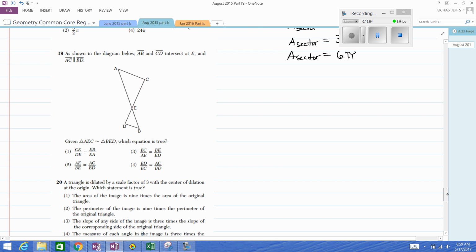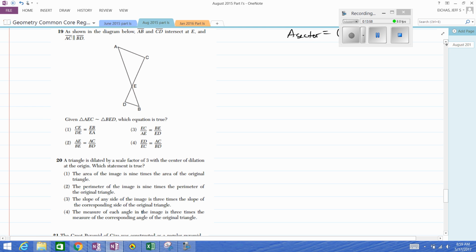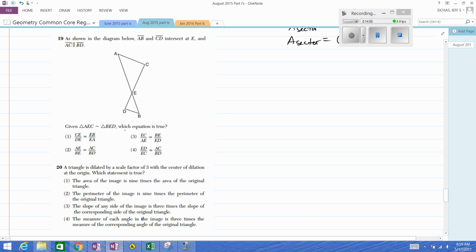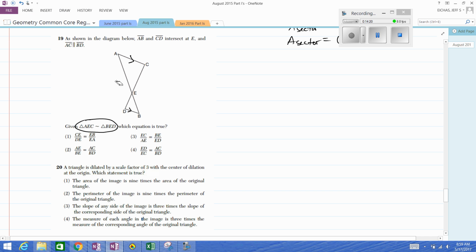So 19, okay. They're telling us again that this is a similar figure situation. Basically, we're going to take this similarity statement. Okay, they give us that. Might help. We're going to look at this similarity statement, and we're going to start deciding which of the proportions is going to work.